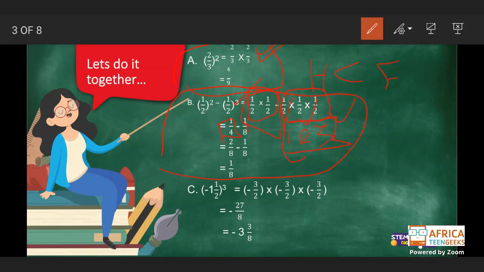So here we have 1/4 minus 1/8. So what we need to do, we need to subtract. Right. So when we subtract and when we add, you know that you must get your lowest common multiple. So our lowest common multiple in this case must be a number that goes into 8 and 4, right?